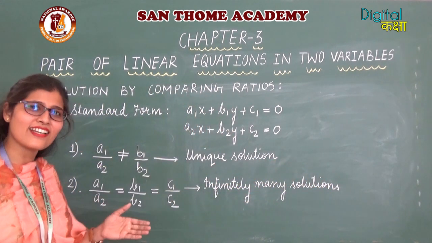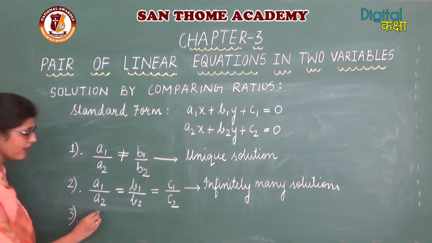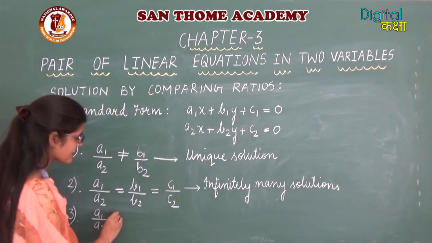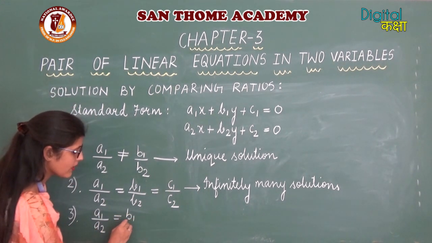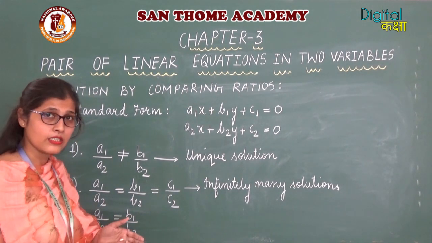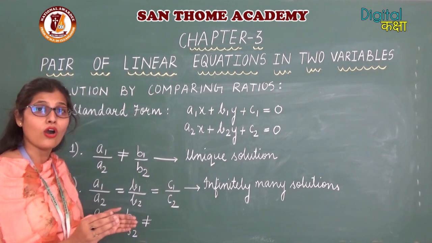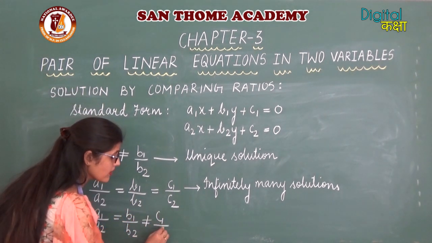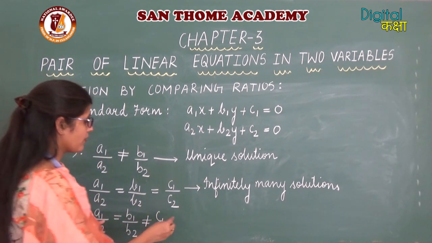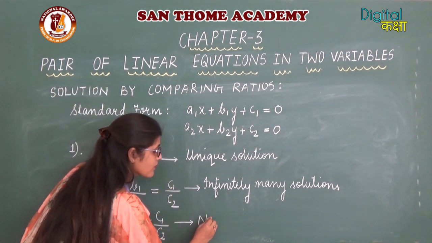And the last condition, the third condition, is if the ratio a1 upon a2 is equal to the ratio b1 upon b2, but it is not equal to the ratio c1 upon c2, then in such a case we will have no solution. Which kind of solution?